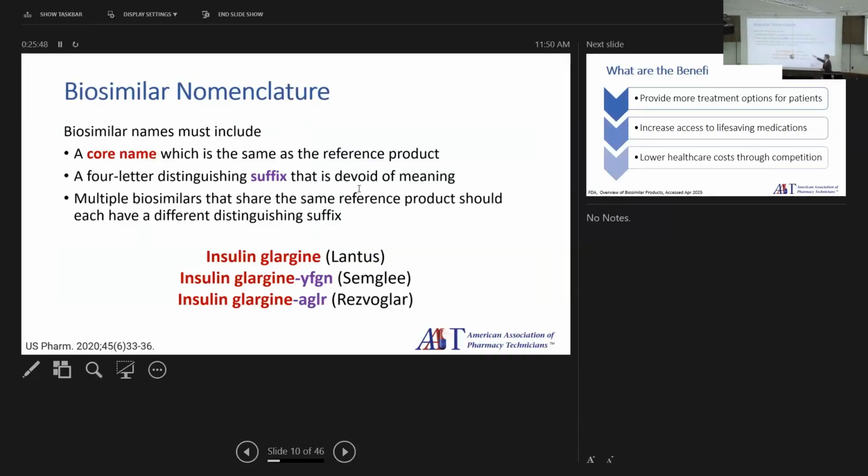So for example, insulin glargine, or Lantus, is the reference product. In comparison, Semglee and Resviglar are biosimilars of Lantus. They share the same core name, but their 4-letter distinguishing suffix differentiates them as being biosimilars of insulin glargine.